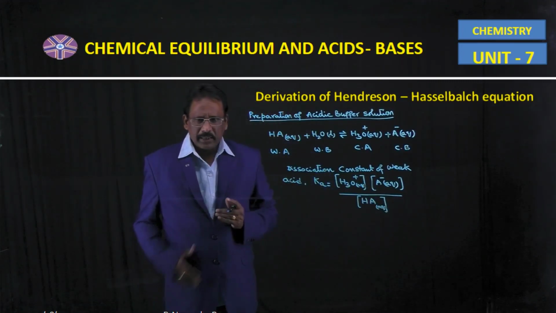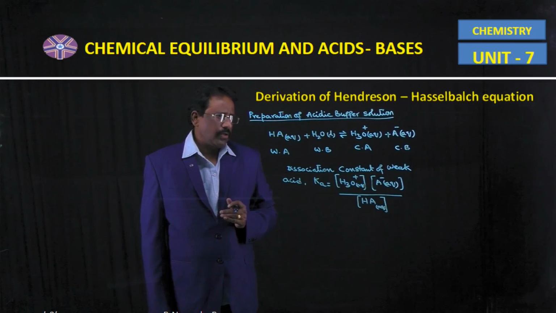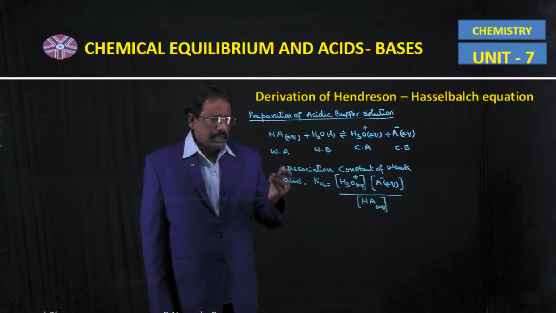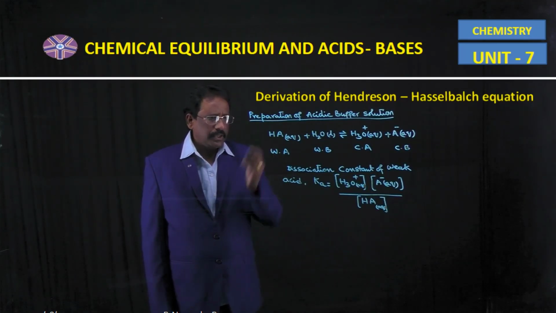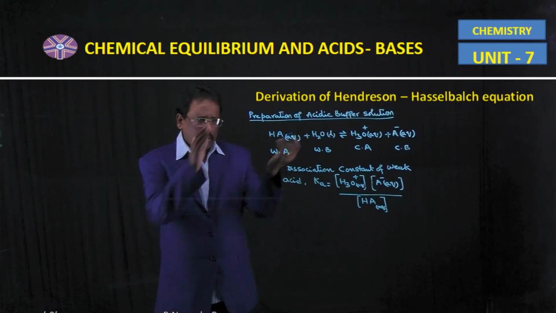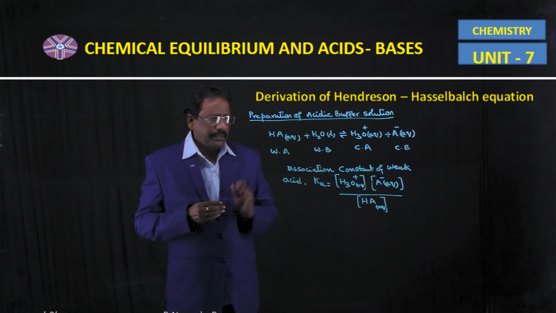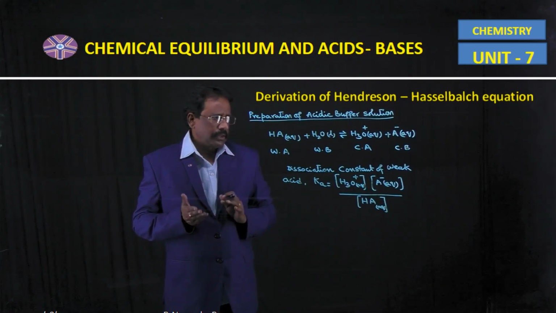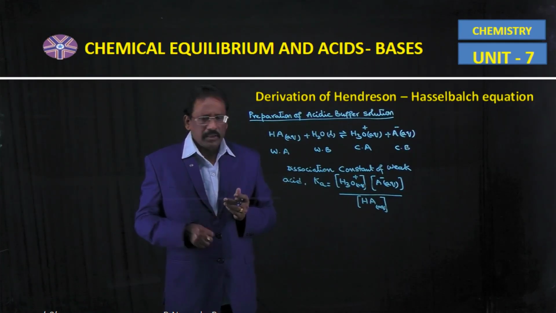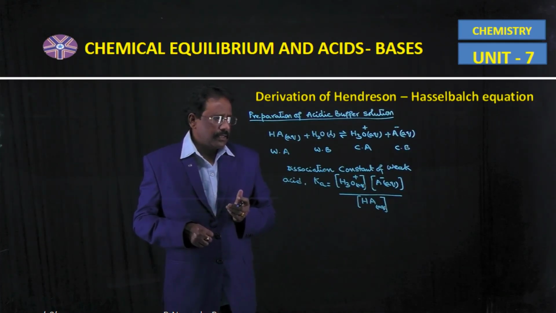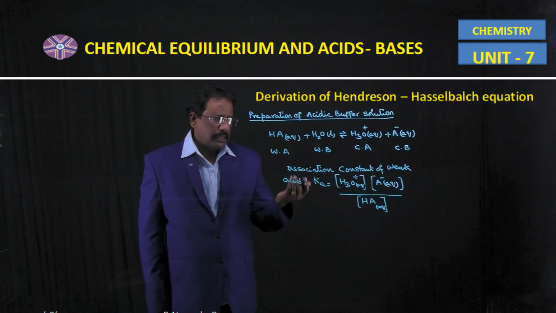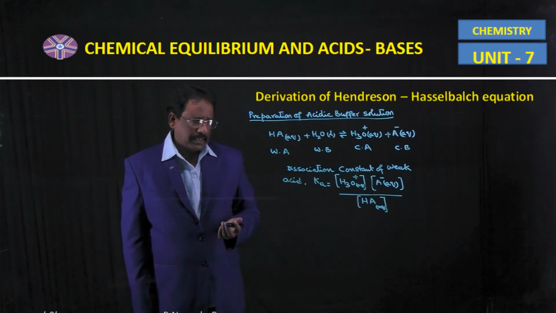For pure liquids, active mass remains constant. According to law of chemical equilibrium, the dissociation constant of this weak acid Ka is equal to active mass of hydronium ion into active mass of the conjugate base, which is formed from the salt, A-, divided by the active mass of the weak acid.